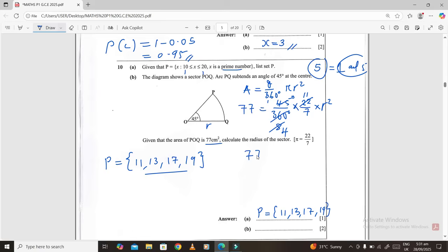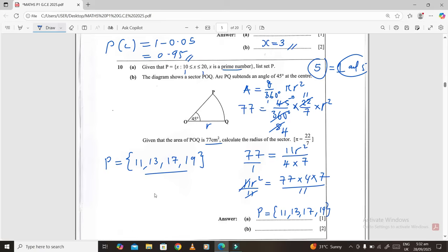Okay, so from here we can work out things. We've got 77 equal to 11 r squared over 4 times 7. So we can cross multiply. There's a 1 here, that is 11 r squared is equal to 77 times 4 times 7 here. And then here we divide by 11 by 11.